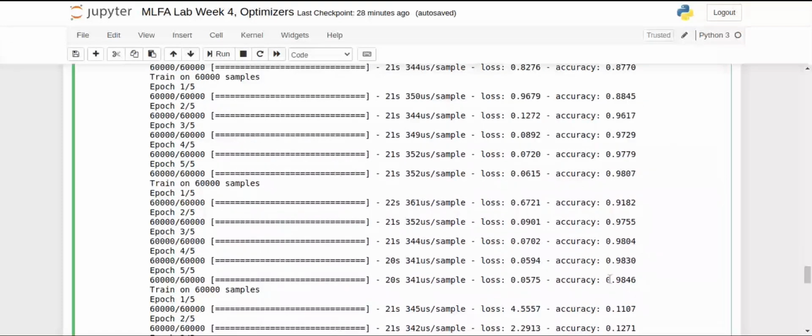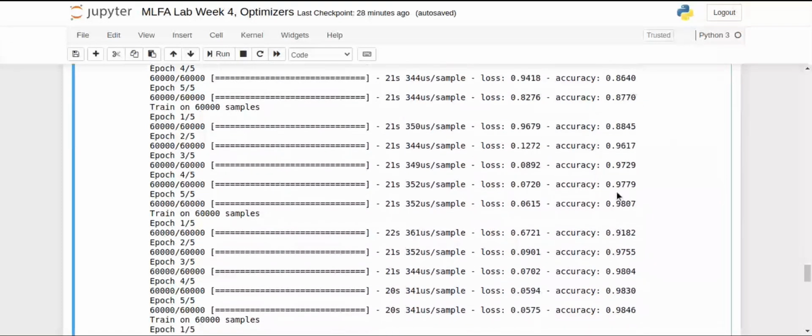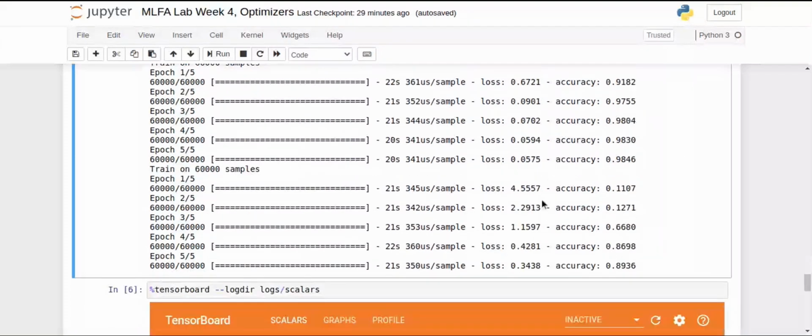But in general, if you have a very large data set and the training parameters are higher, then I think Adam is the best option, because there are several advantages I have mentioned: it is computationally very efficient, and it has very low memory requirements.